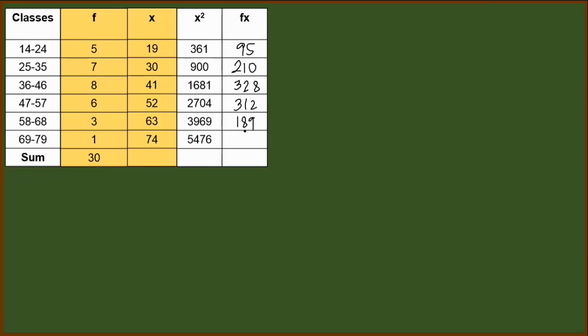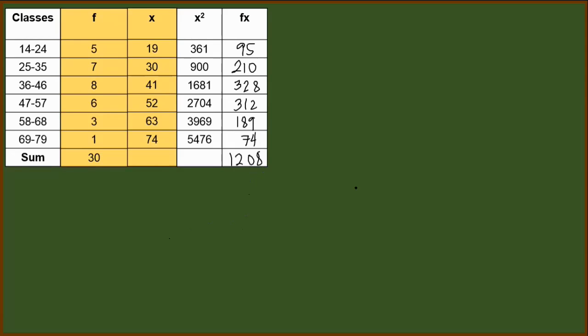And finally, 1 times 74 is 74. And then the next step is to get the sum of this fx, meaning 95 plus 210 plus 328 plus 312 plus 189 plus 74 will give us 1,208. This is our summation of fx.